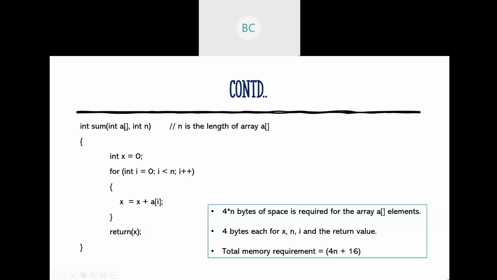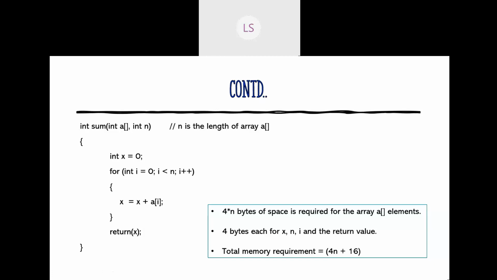If I initialize the array size as 10, then your n will be 10. Then the size of the array will be 4 into 10, 40, plus 16, 56. So here it's just depending on the array size. If we don't have the condition applied there, we have to keep only n.